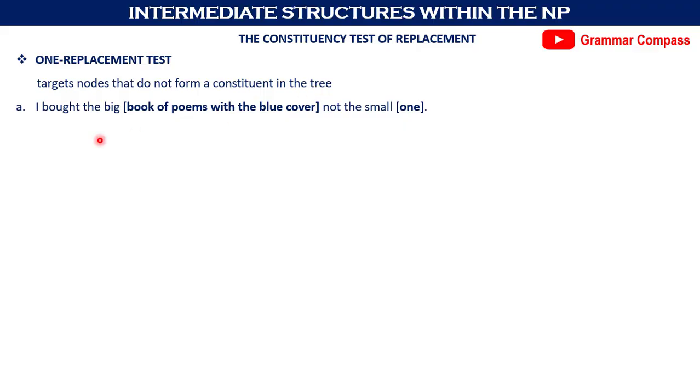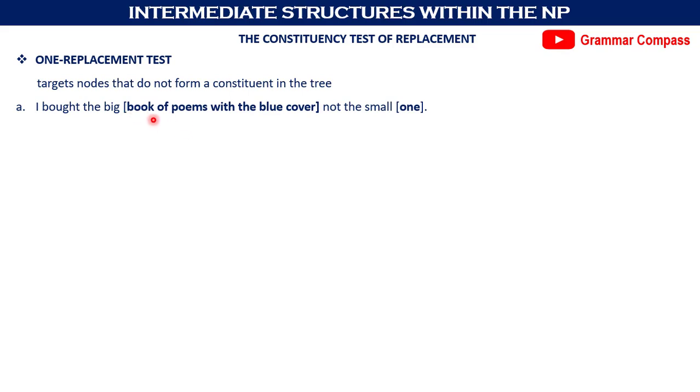So the one replacement test targets nodes that do not form a constituent in our phrase structure tree. Let us consider this sentence. I bought the big book of poems with the blue cover, not the small one. What group of words does this one replace? It replaces book of poems with the blue cover. So we can say I bought the big one.